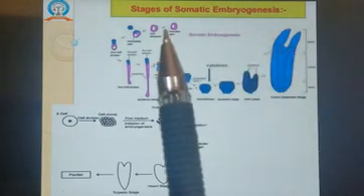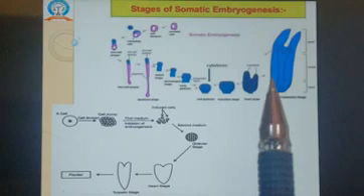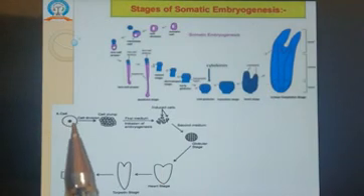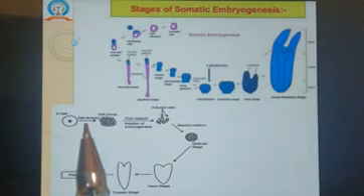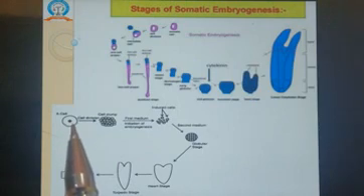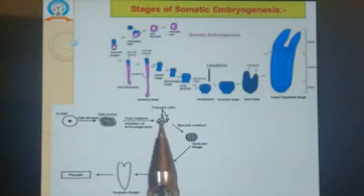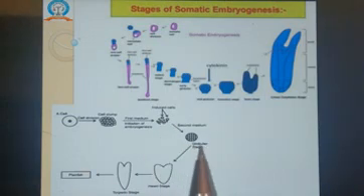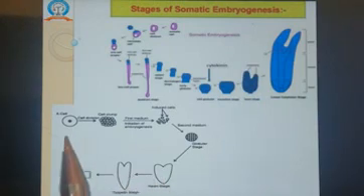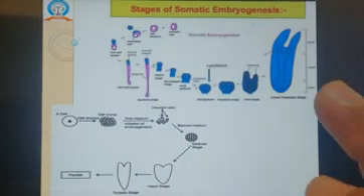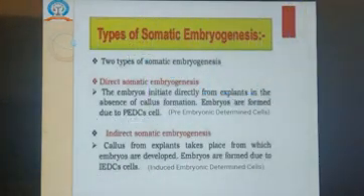The first, single cell to heart shaped embryo. You can see cell division. This single cell division produces the callus, then again single cells, and finally the heart shaped stage, and torpedo stage, and finally the plant. So these are the stages of development of the embryogenesis.